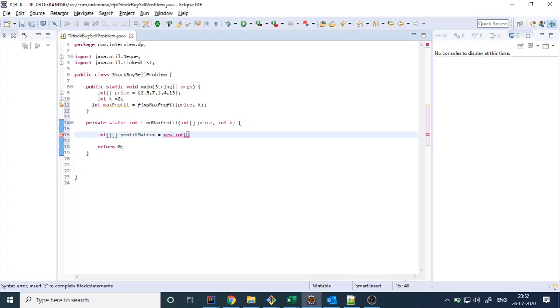What will be the size of the row? k plus 1, sorry, k plus 1, and price dot length. Now this profit matrix will be initialized with 0 by default, so we don't need to initialize it explicitly because the value is always initialized with 0 inside.